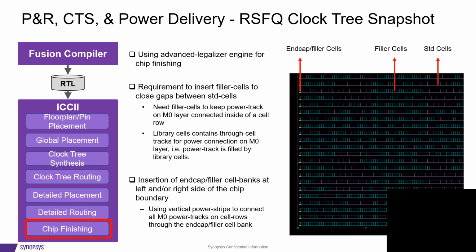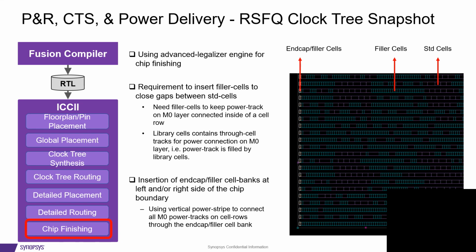This is the routed 2901 block. You see end cap cells. We ended up powering all the rows at the level of metal 0 through a continuous track of metal 0 for power. So that meant we need to put filler cells to make sure for the continuity of the M0 line. Also, filler cells allow us to have additional tracks in the vertical and horizontal direction as well in terms of continuity.